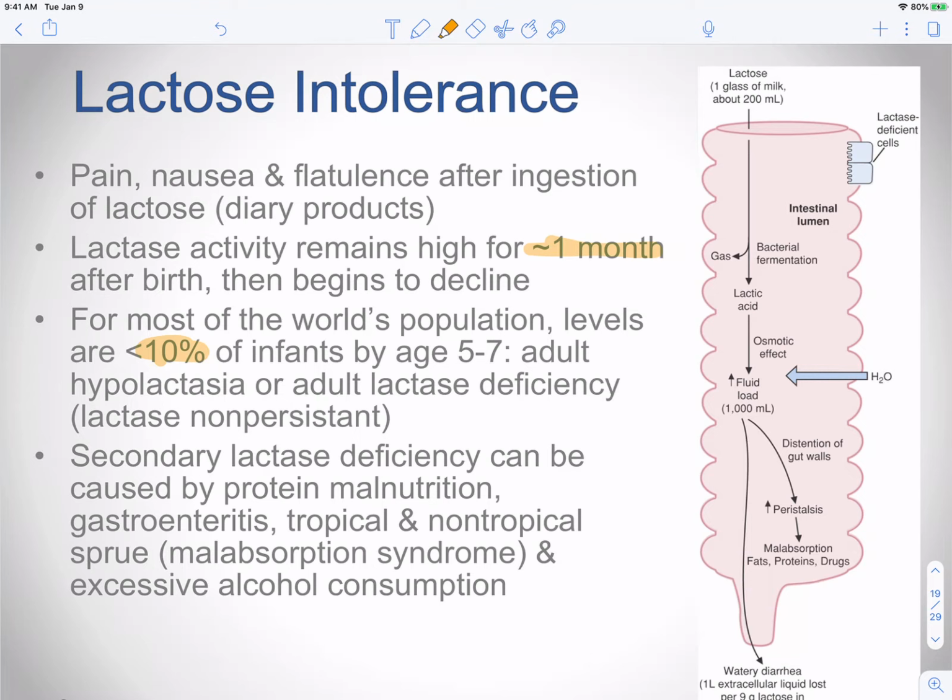Adults have hypolactasia, or adult lactase deficiency, in which there is non-persistence of lactase. Secondary lactase deficiency is caused by protein malnutrition or gastroenteritis. You can have malabsorption syndrome, tropical and non-tropical sprue, or excessive alcohol consumption can lead to secondary lactase deficiency.